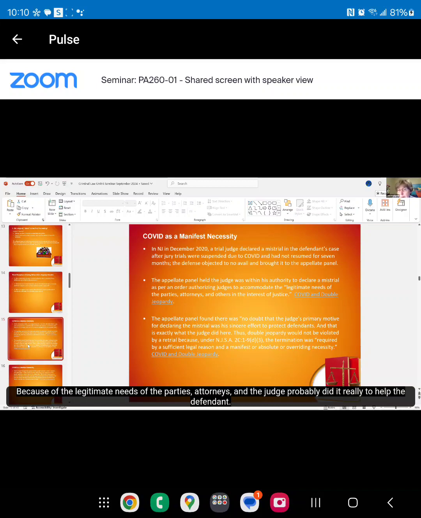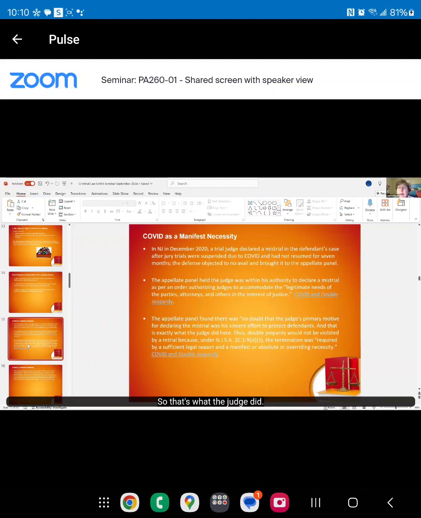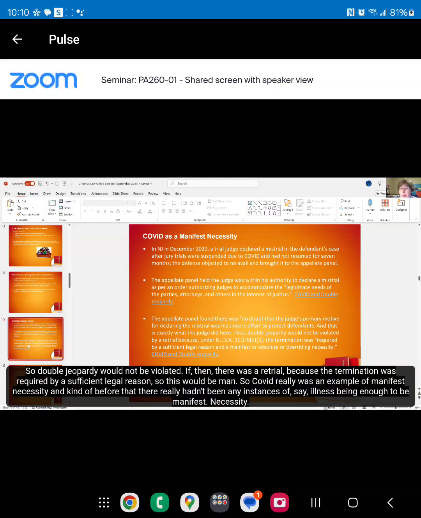And the judge probably did it really to help the defendant, because if the trial starts and then 7 months go by, it's not really fair to the defendant, especially if they're in jail waiting it out. So that's what the judge did. Double jeopardy would not be violated if there was a retrial, because the termination was required by a sufficient legal reason. So COVID really was an example of manifest necessity.